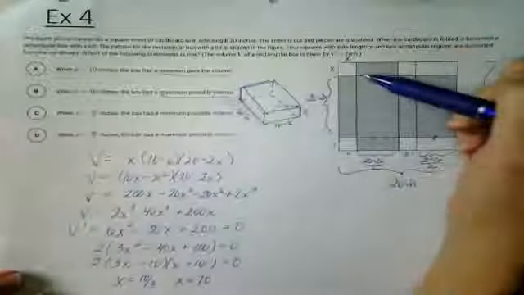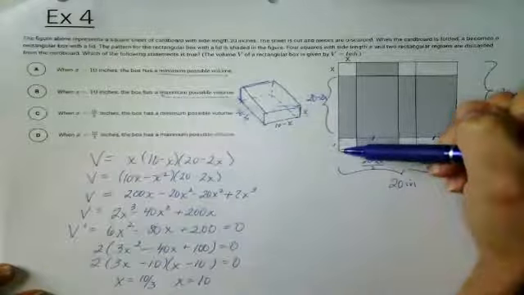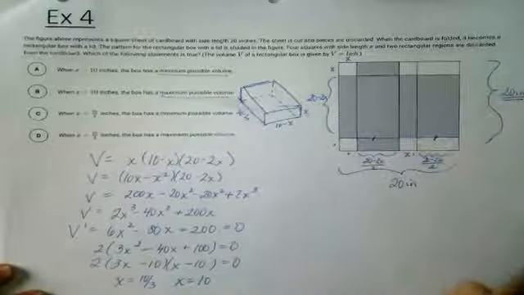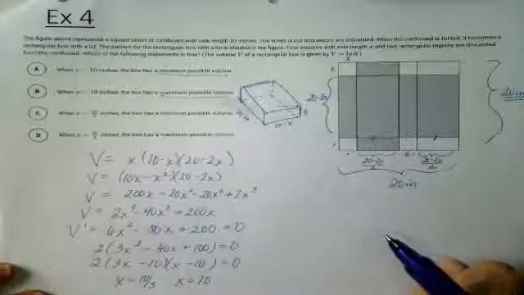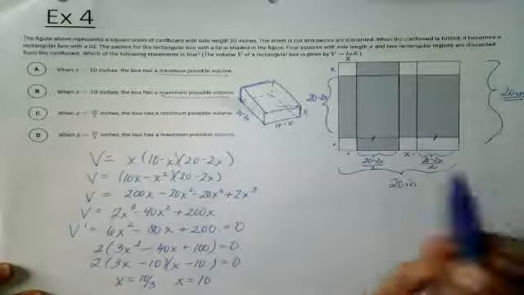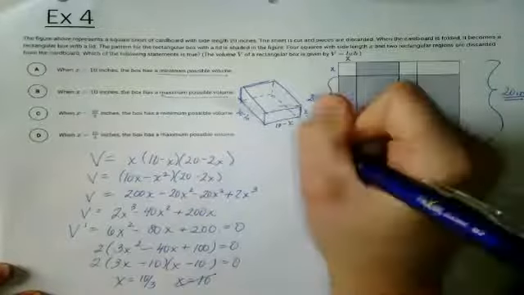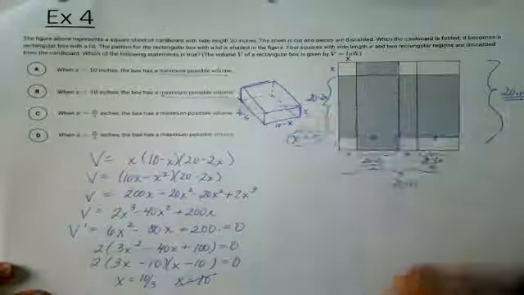If x is 10 and this x is 10, would there be any shaded material here? No. x absolutely must be less than 10, much less than 10, in fact. And so this is not even a possible number. x definitely had to be less than 10 for this to have any volume at all.